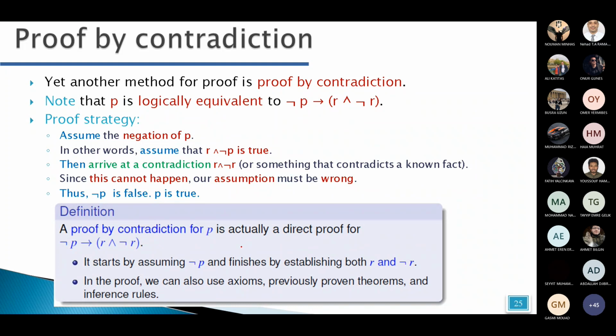When we have to prove that P is correct, we will start from not P, and then we will reach something like R and not R. R and not R is impossible. Any impossible result that we get from not P means not P is not correct. This means P is correct.